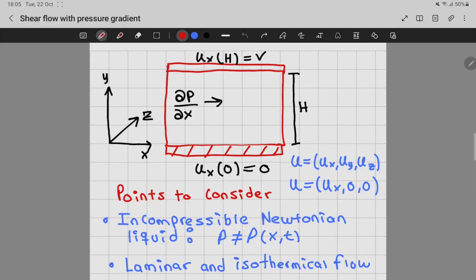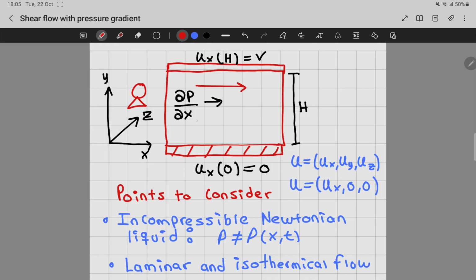But now we will include a new source of movement. So that means that there is going to be some sort of mechanical device over here, which might be a pump. So this pump is going to push the fluid in this direction.